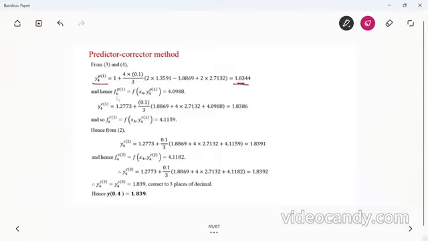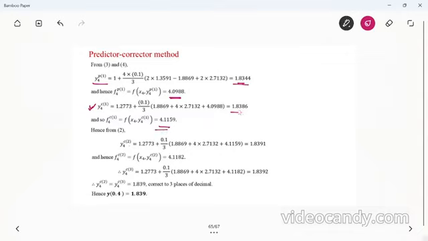Hence the functional value f4p is 4.0988. Then we use the corrector formula and we get the value 1.8386. So y4c1 is given by this functional value, and we correct the functional value also.